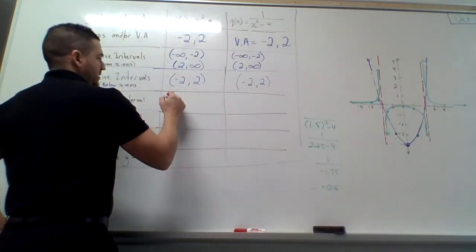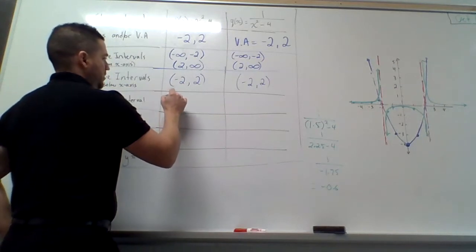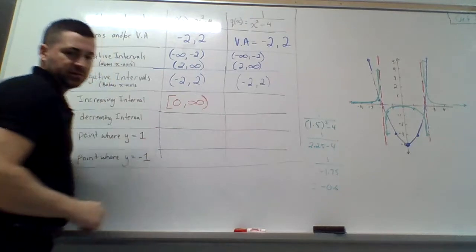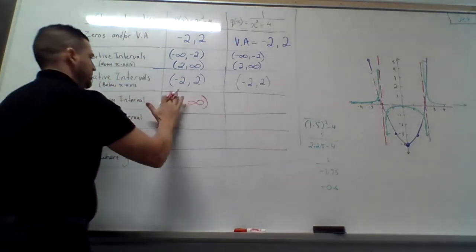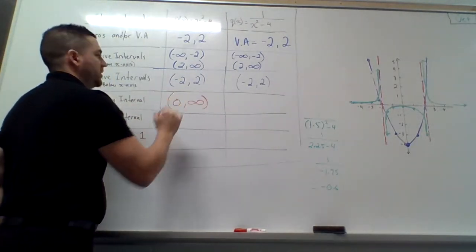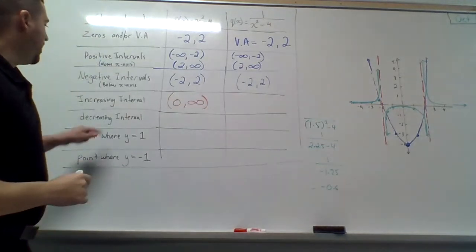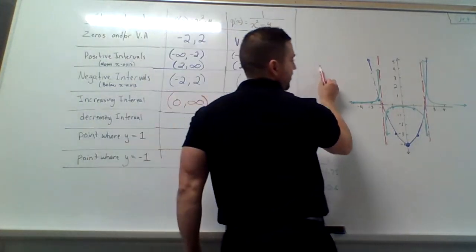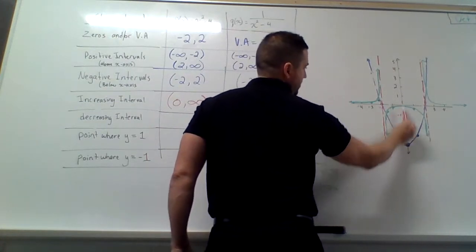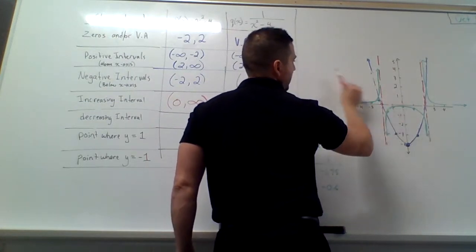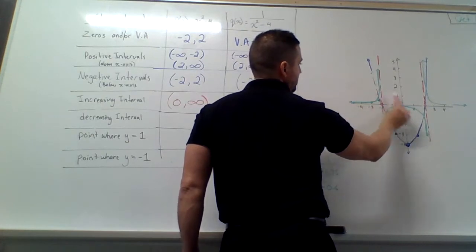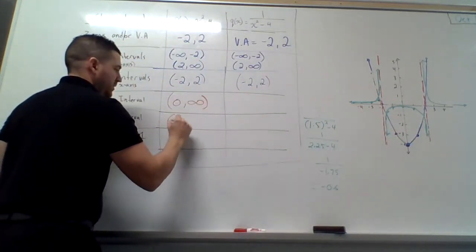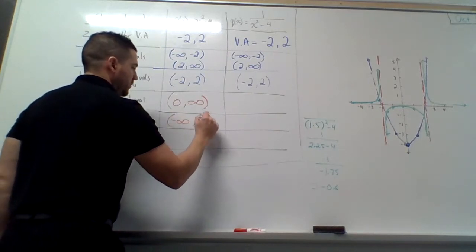Either round or square bracket is fine. Okay, and then when is the quadratic decreasing? Well, it decreases from -infinity down to 0 on the x's. So this goes from -infinity to 0.